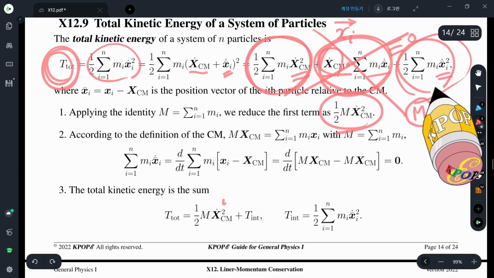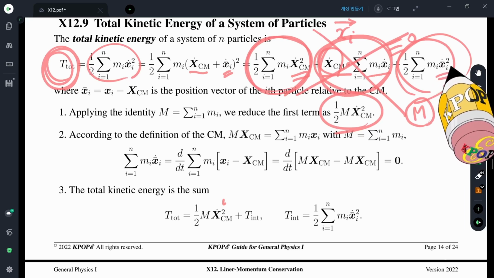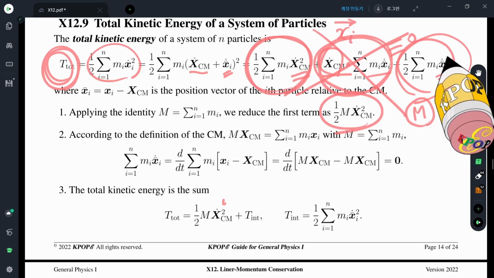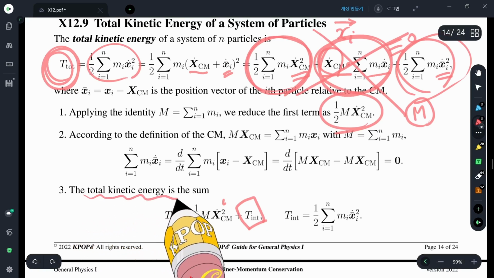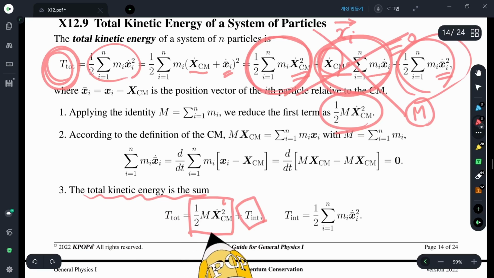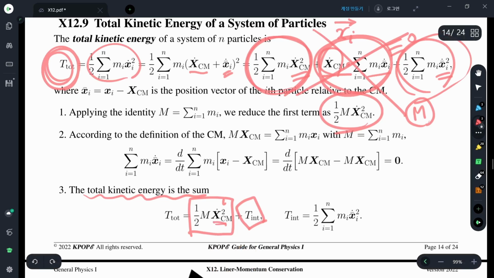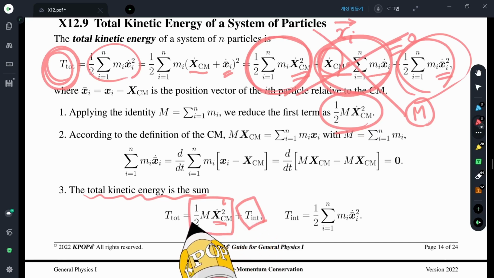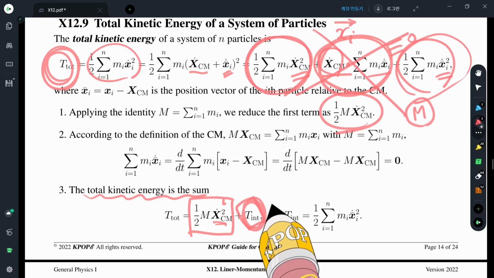The second piece is the kinetic energy of particles relative to the center of mass. So we say it is internal kinetic energy. Total kinetic energy is the sum of the point particle's kinetic energy, whose mass is the same as the total mass of the system and whose velocity is the same as the center of mass velocity, the single particle energy, plus the relative motion relative to the center of mass. So this is internal energy.